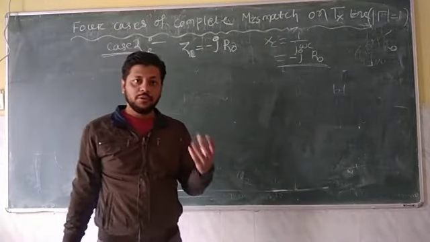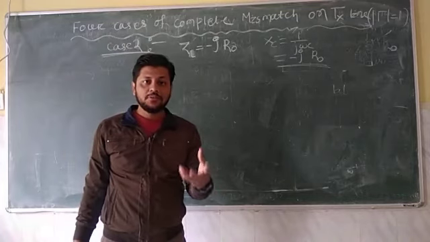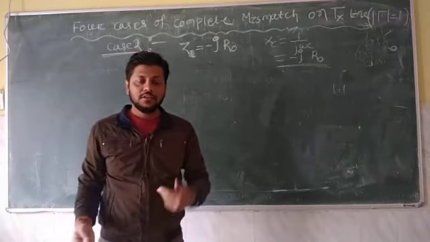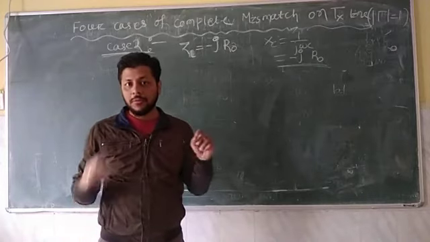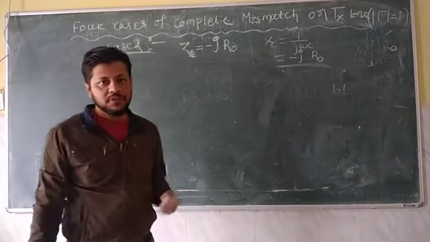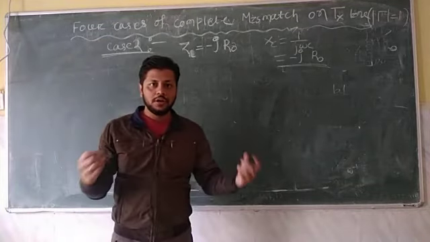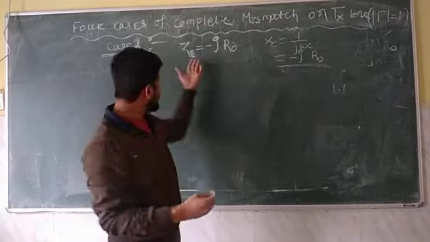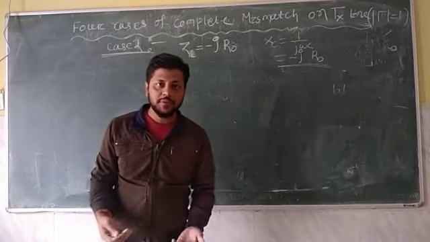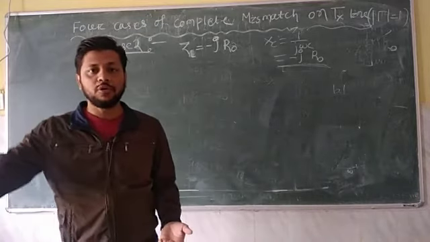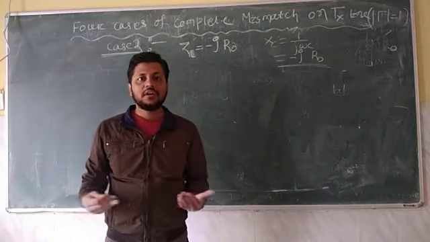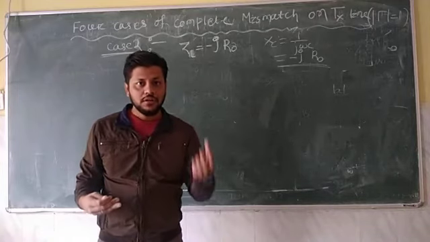Whenever we see the impedance written as minus J50, the moment you see minus J50, you must understand from the question that it is a capacitive load. If the load impedance is equal to plus J50, the moment you see plus J50, that means it is a purely inductive load. From the impedance you have to predict the nature of the load.